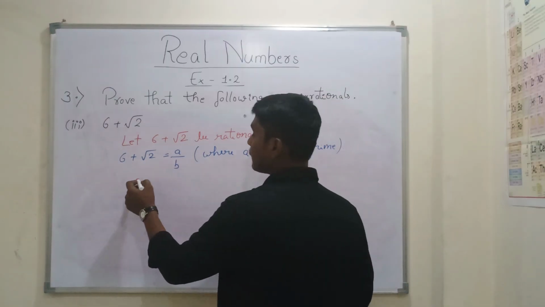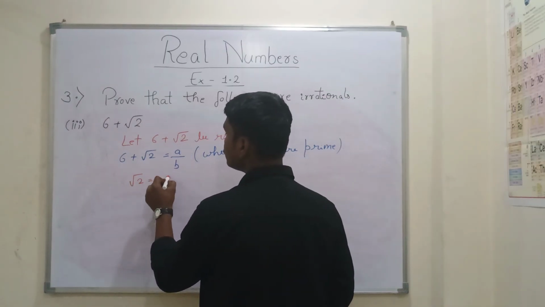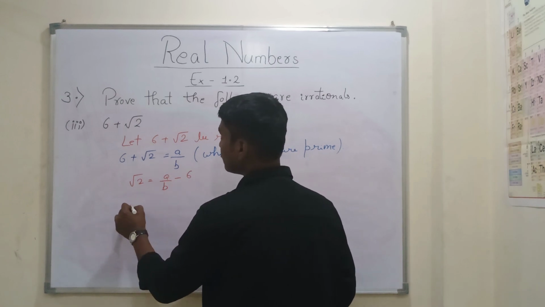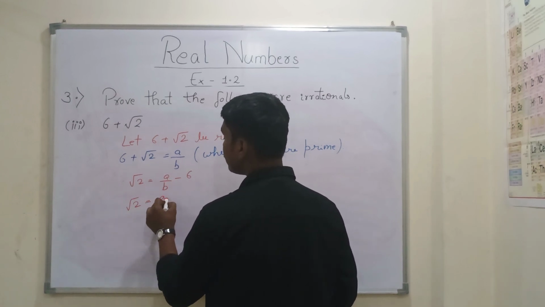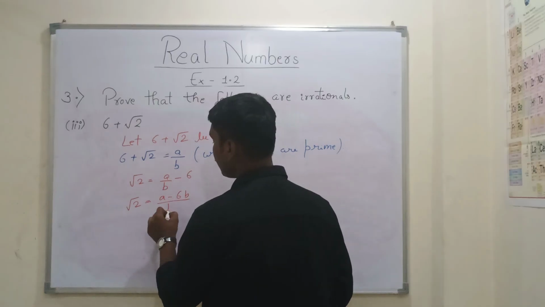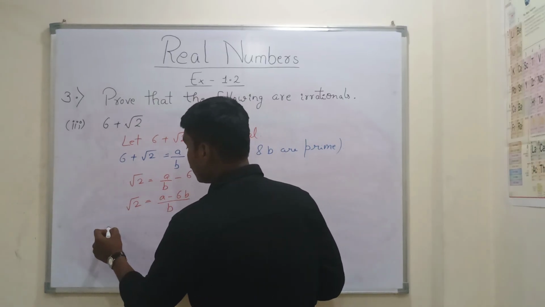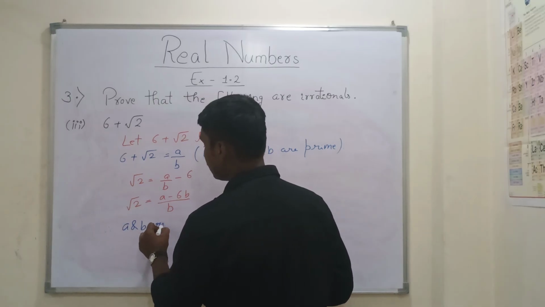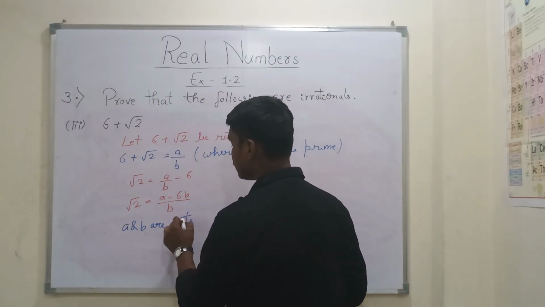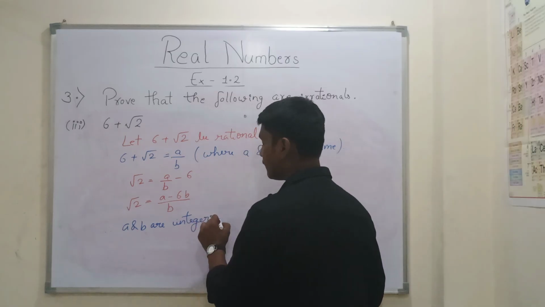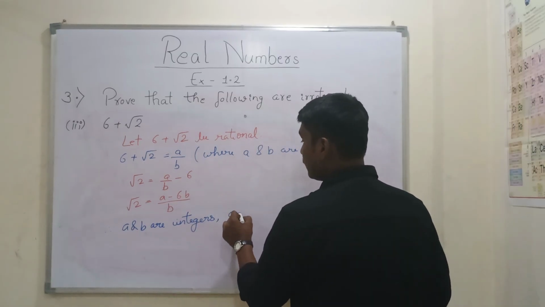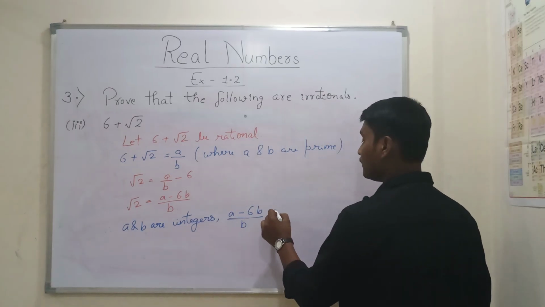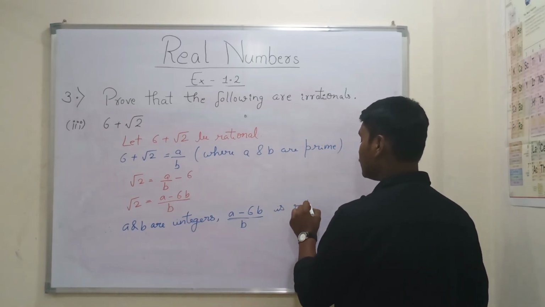So root 2 is equals to a by b minus 6. That is, root 2 will be equals to a minus 6b upon b. Since a and b are integers, a minus 6b upon b is rational.